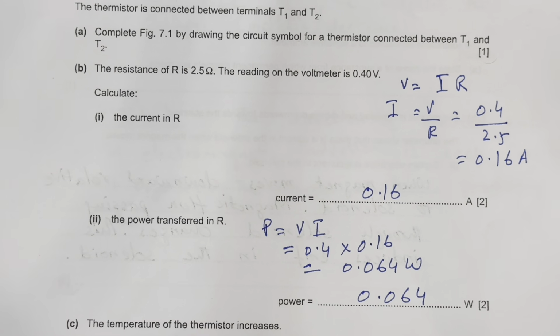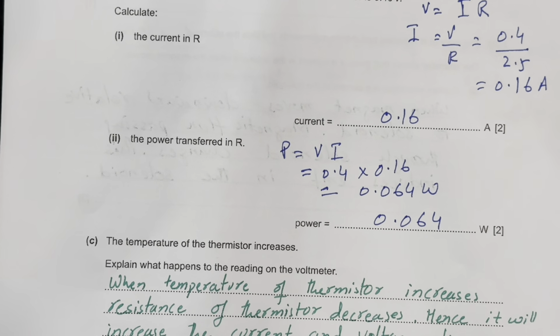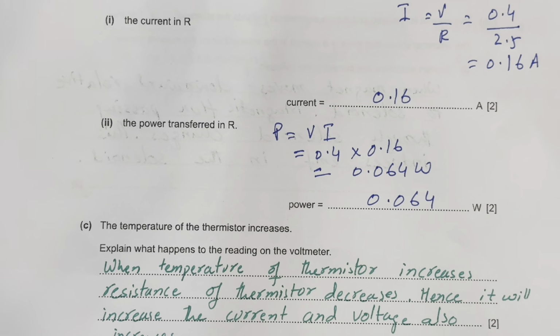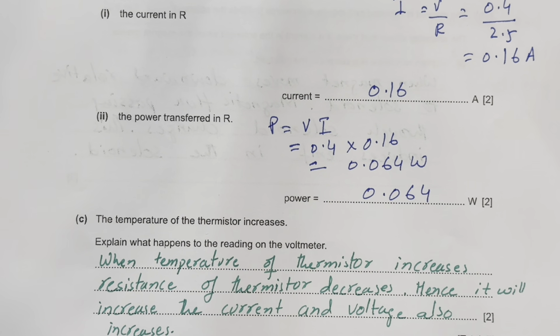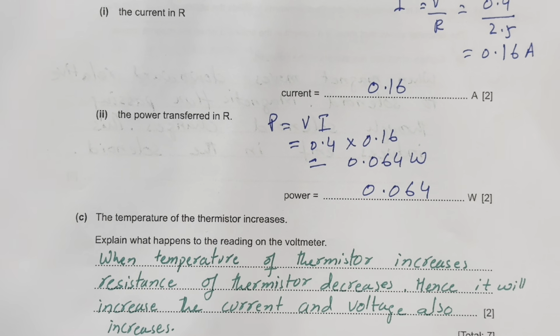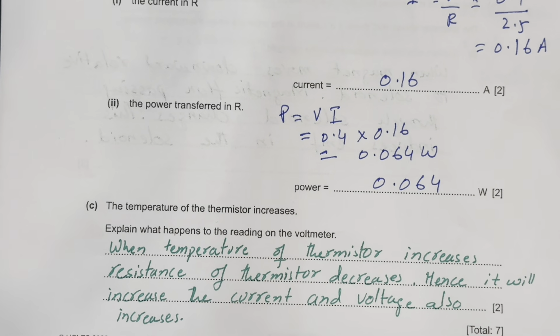The next part C is the temperature of the thermistor. The temperature of the thermistor increases. Explain what happens to the reading on the voltmeter. When temperature of the thermistor increases, which I have already told, thermistor resistance decreases with the increase of temperature. So it is inversely proportional.